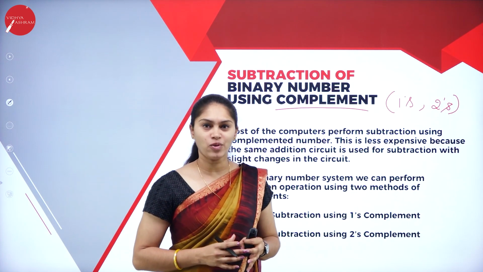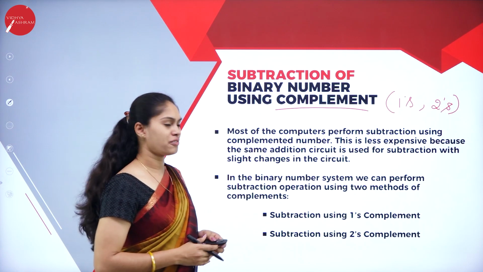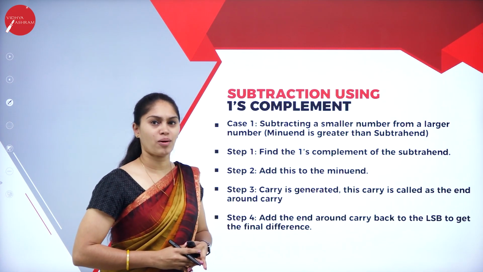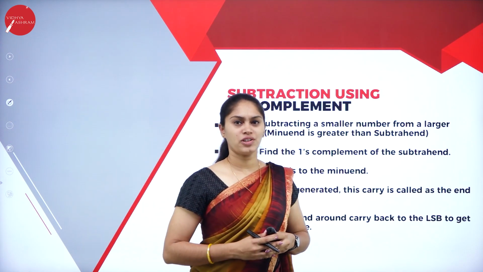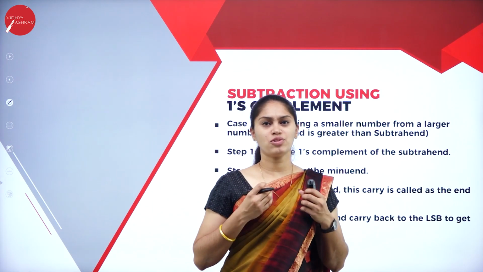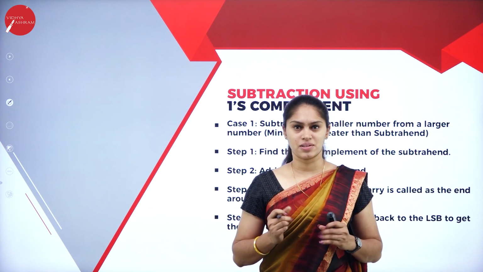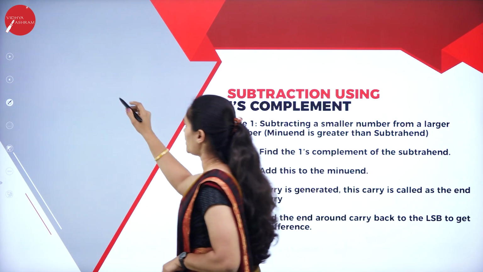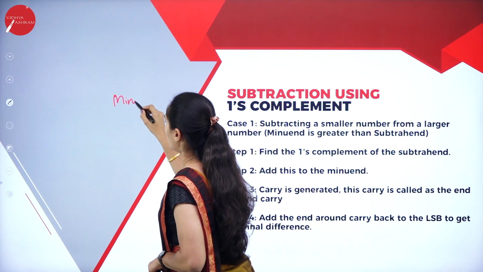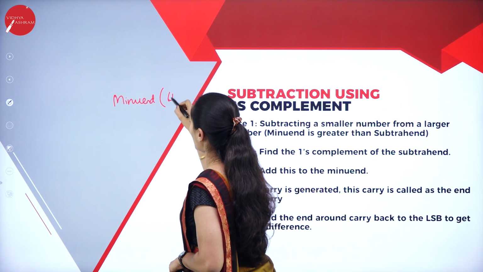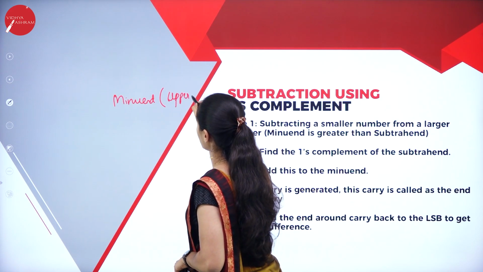Now we are going to see the subtraction of a binary number by making use of 1's and 2's complement. First I want to tell you something you have to remember: what is a minuend and what is a subtrahend. As I discussed, the minuend is the upper value, the highest value or upper number.